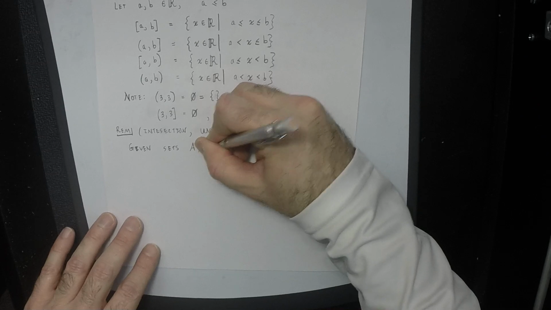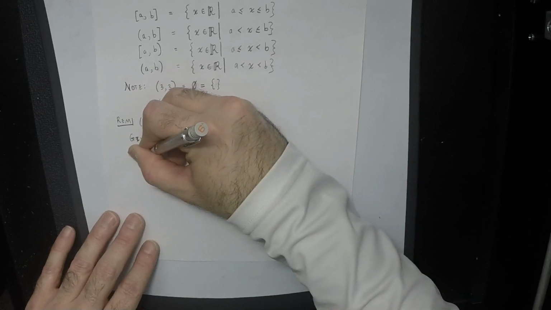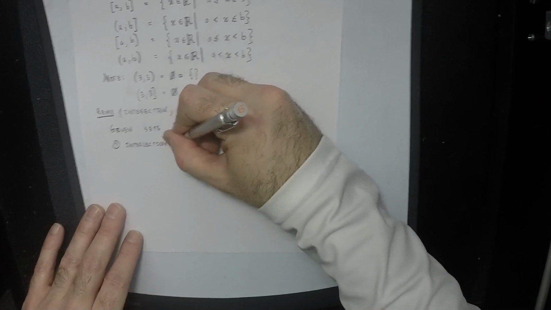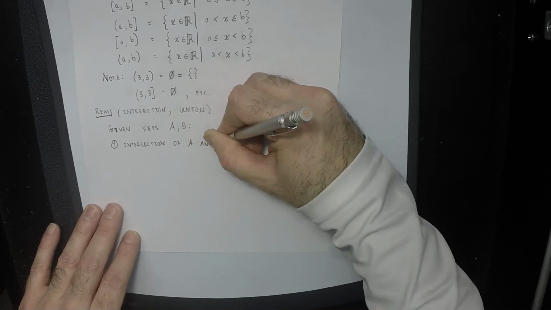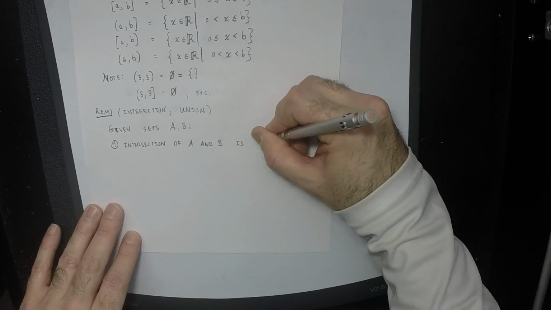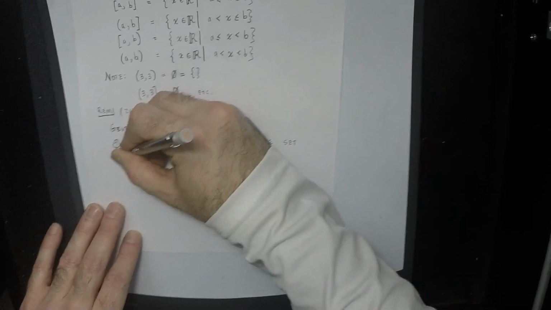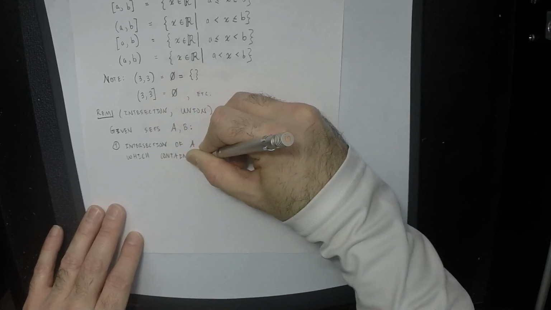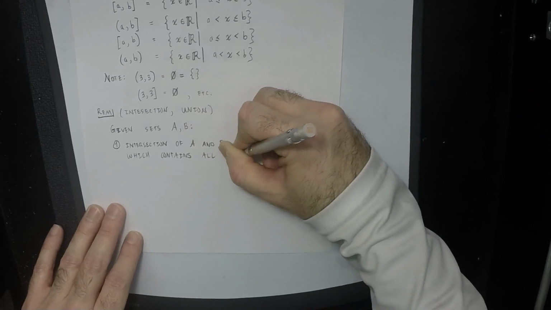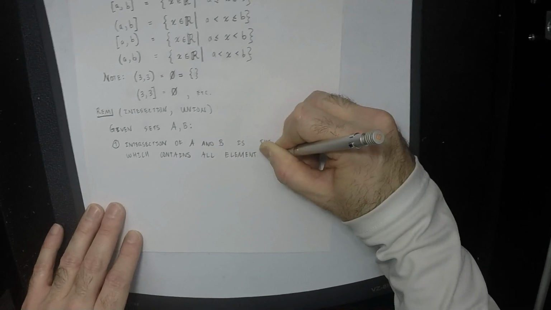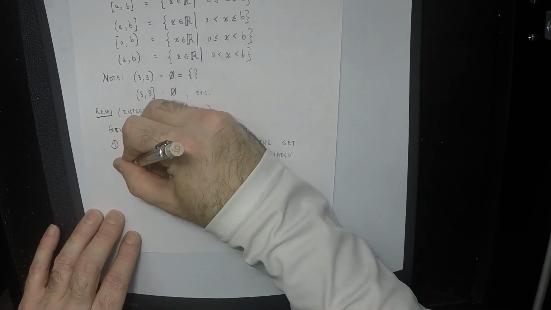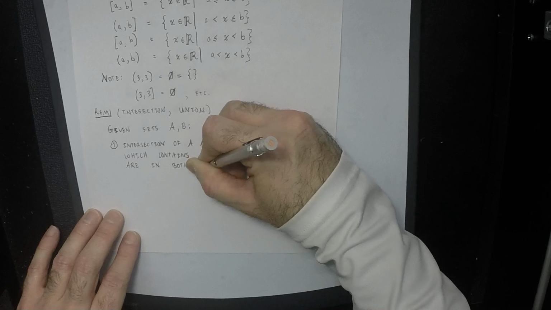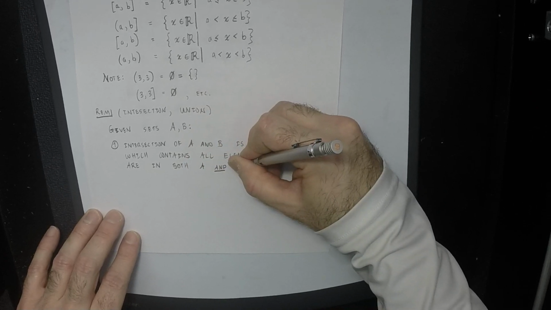Given sets A and B, the intersection of A and B is the set which contains all elements which are in both set A and set B.